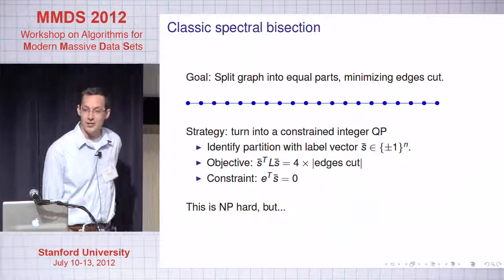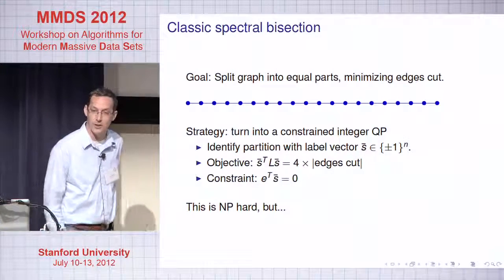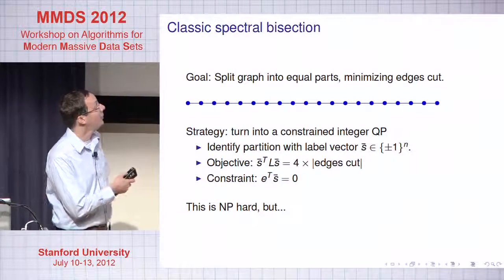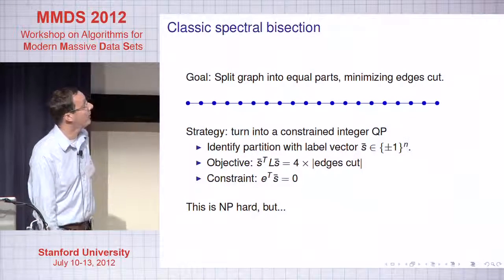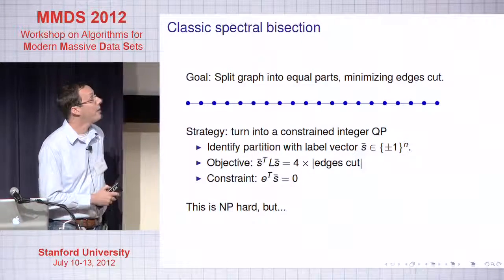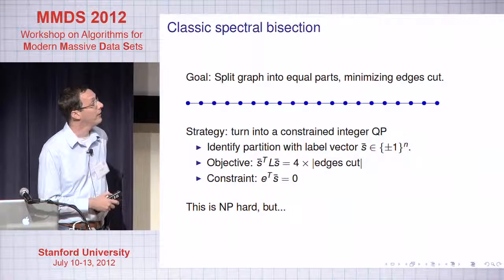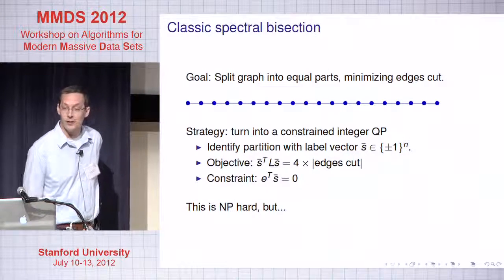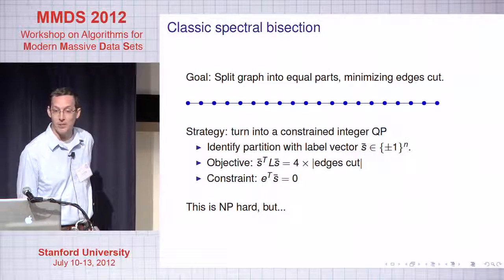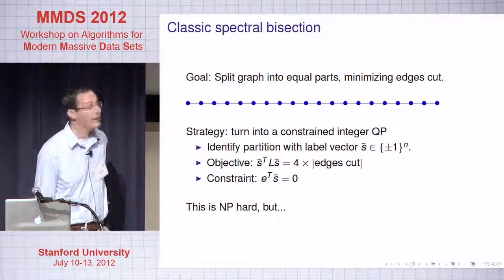from the graph partitioning problem, which is stated purely in terms of the graph, to a constrained integer quadratic program. So we're going to identify the partition with a label vector, plus or minus ones. So plus ones go in one partition, minus ones go in the other partition.